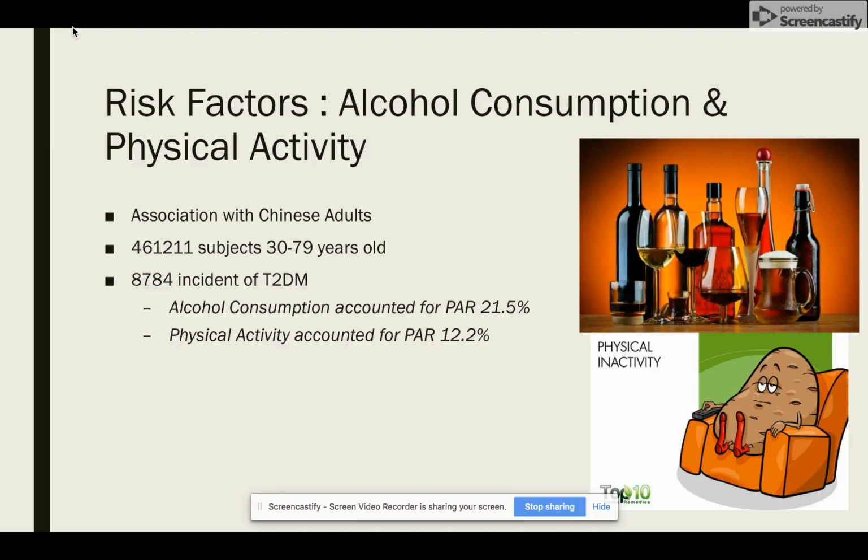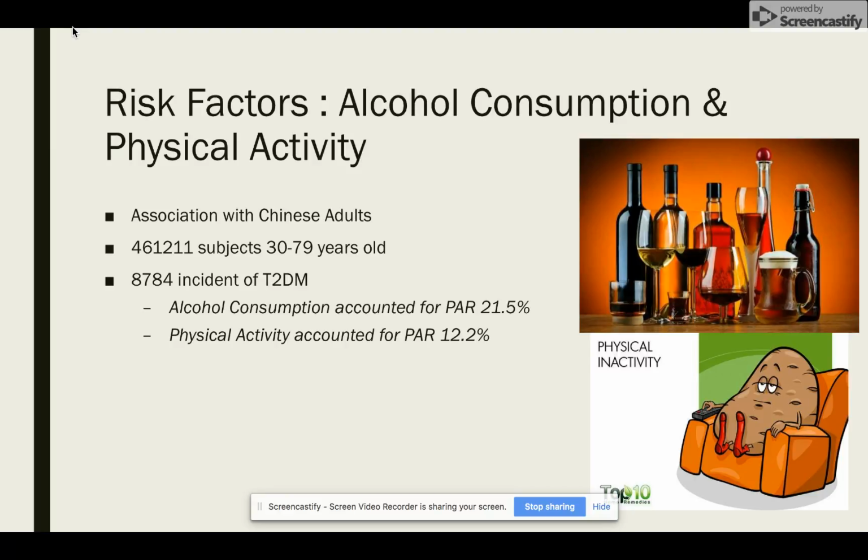The second and third risk factors that I looked at were alcohol consumption and physical inactivity. This came from a study about an association in Chinese adults, looking at 461,211 subjects, 30 to 79 years old. Out of those, 8,784 were diagnosed with type 2 diabetes.